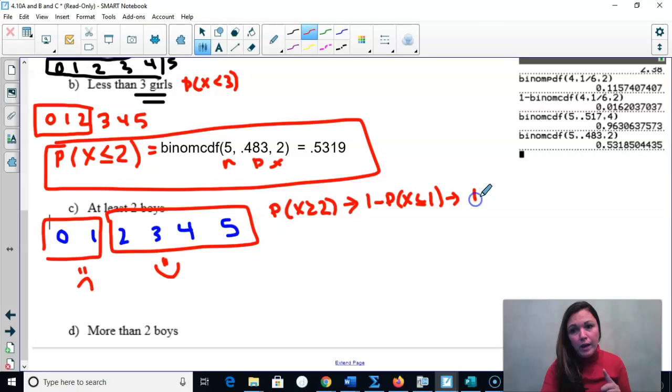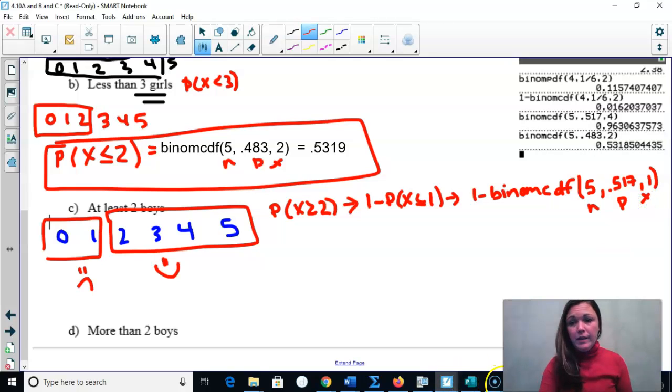which would give us then 1 minus binomcdf 5. It's boys now, so 0.517. And then comma 1, because that's what we have right here. NPX.